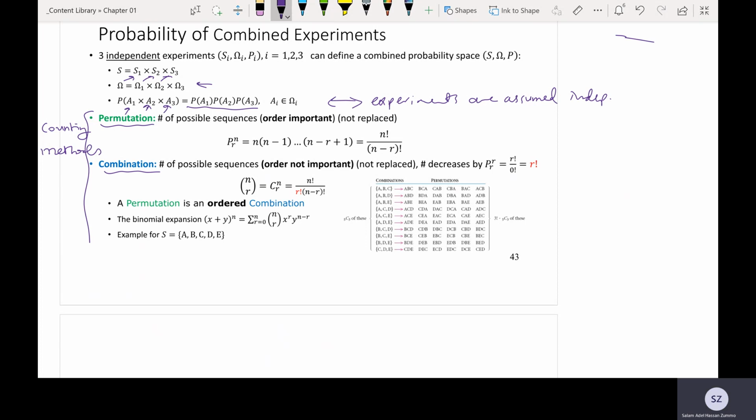What are these? Permutations: ask yourself the following question.